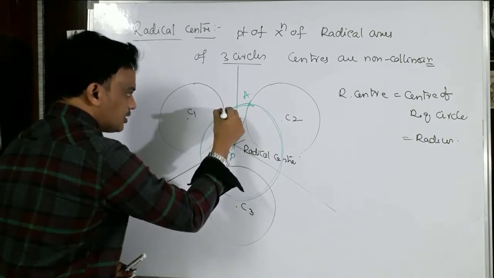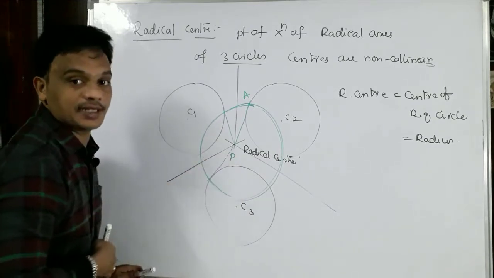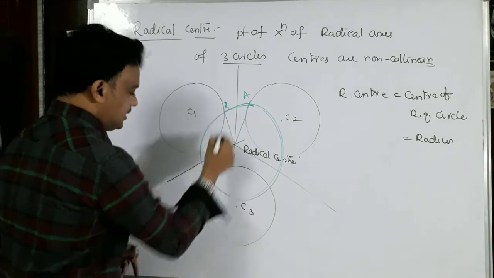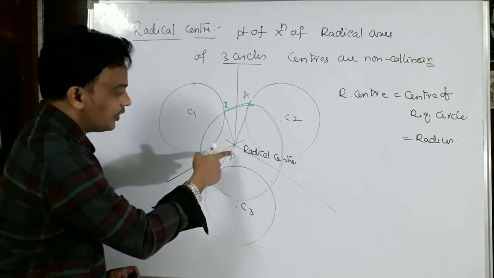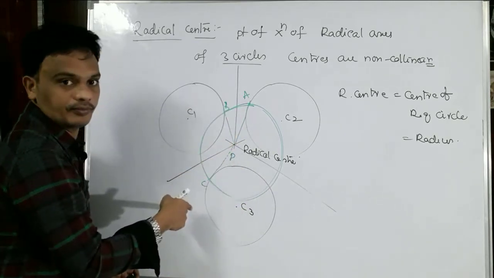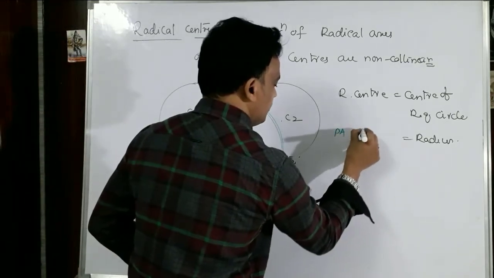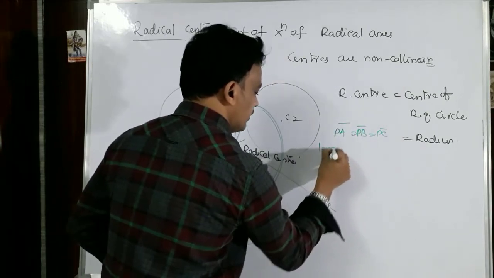What I have drawn is the radius of the required circle. At the same time, PA and PB and PC are the lengths of tangents. Am I right or not? Length of tangents from the radical center to any of the circles. So PA or PB or PC is the length of tangent.